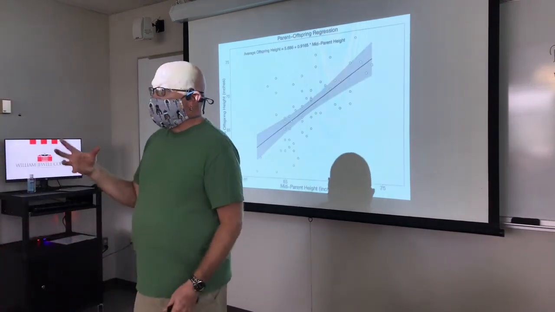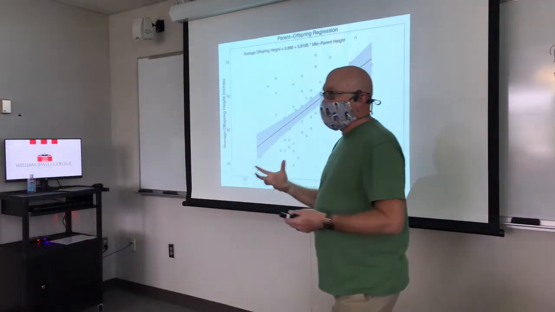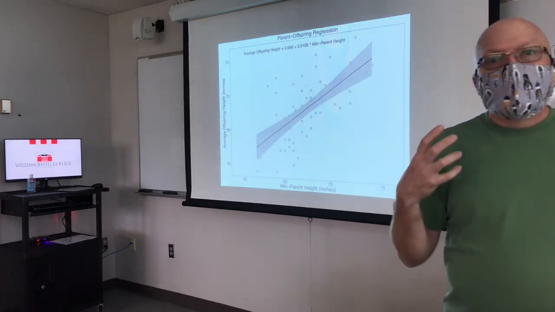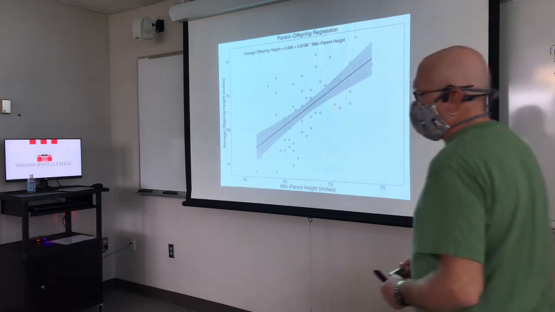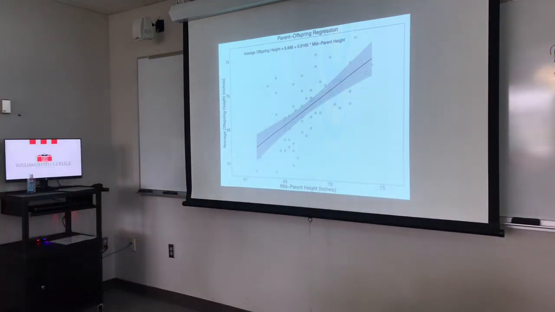So these types of traits that have continuous variation underlying them, we can study their heritability mathematically or statistically rather than doing Punnett squares. And so when we talk about a trait being heritable, we're talking about the degree to which the phenotype in parents does a good job of describing what the phenotype will be in offspring.